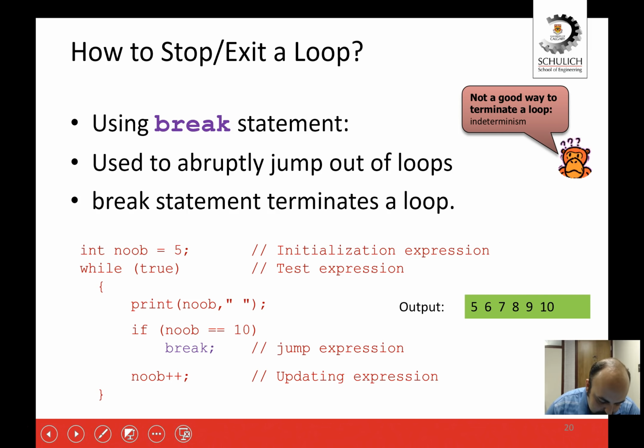If you didn't have the break here, how would you modify this from true so that the output is still the same? You would say while num is less than or equal to 10.